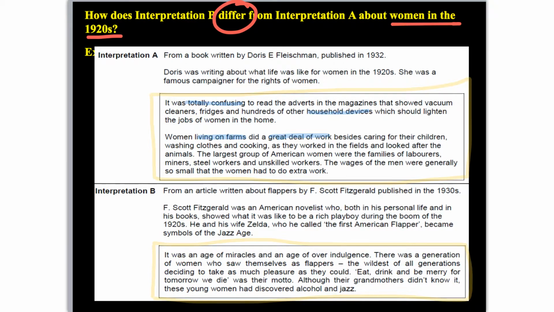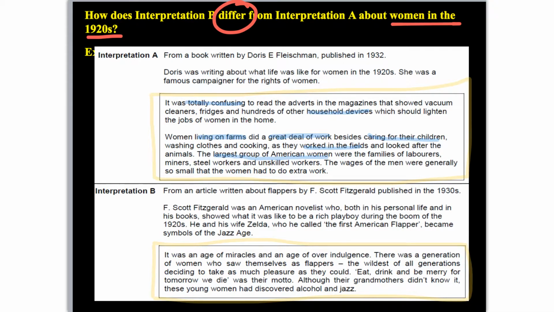So as well as the basic chores of caring for the children, they had to work a lot on the actual farms, working in the fields. And this was, according to Fleischmann anyway, the largest group of American women, women that worked and also cared at home.